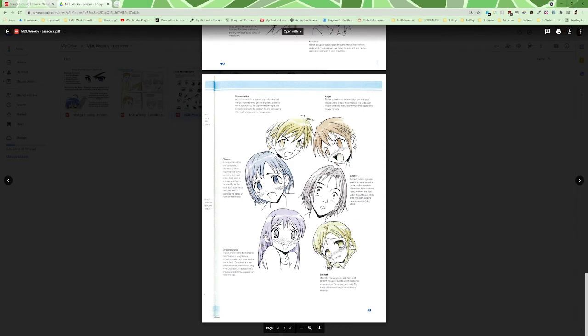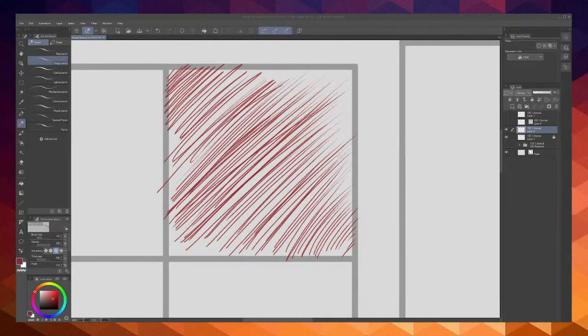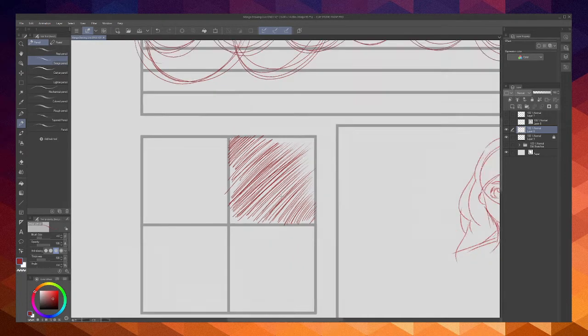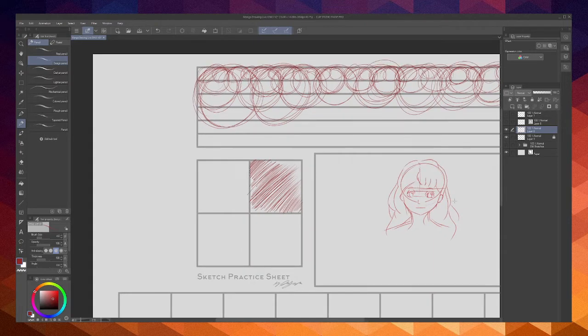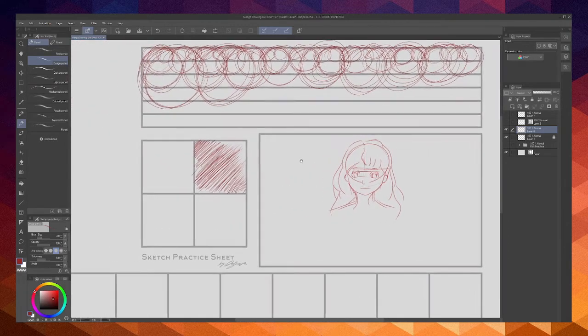Anyway, we're going to go back to CSP. You may remember this from last week. I should mention that the setup is kind of different this week, so if it looks and feels different, that's the reason why.